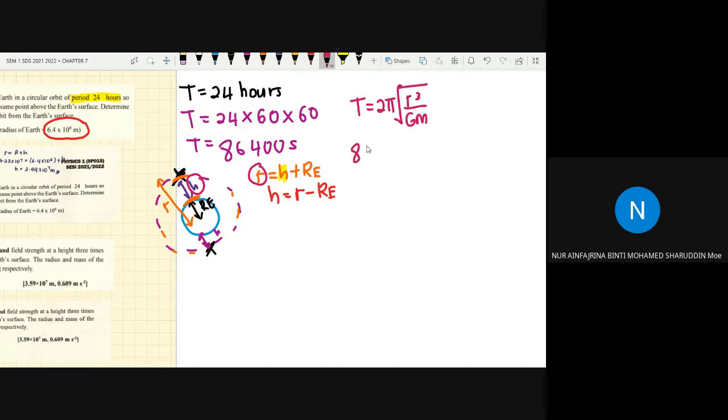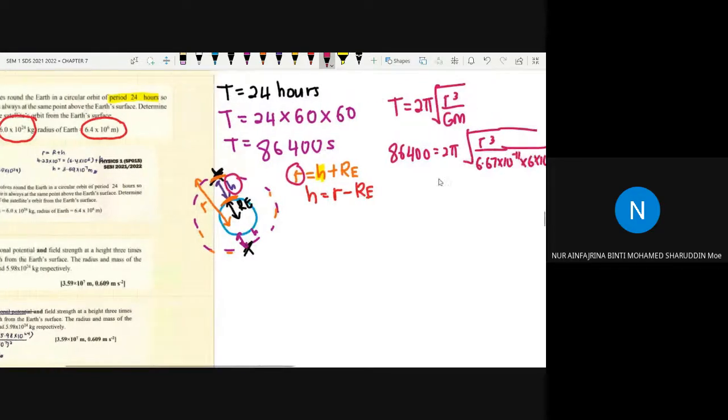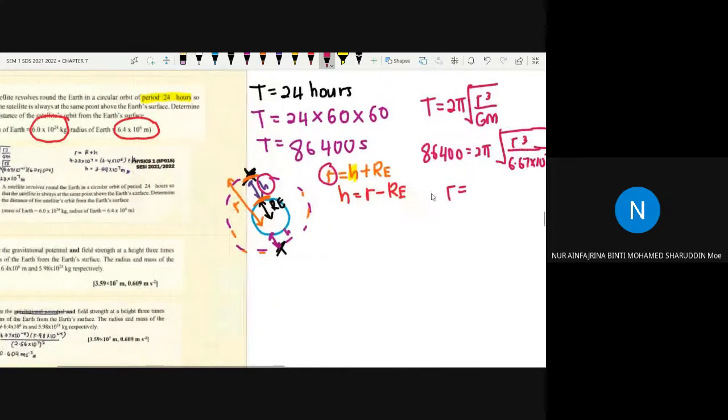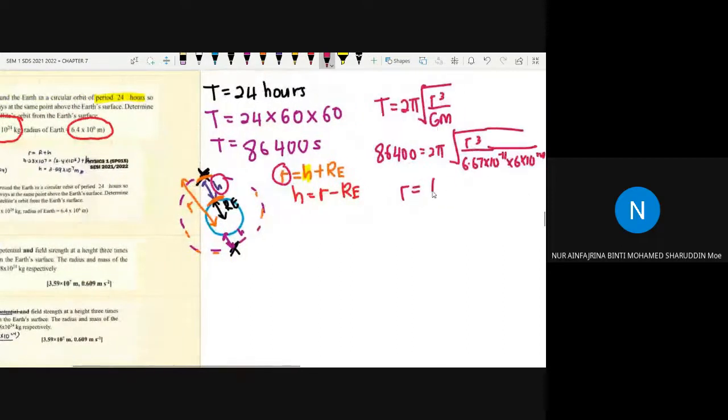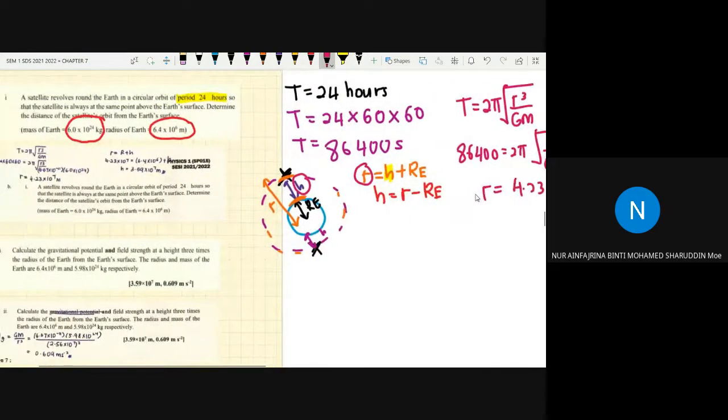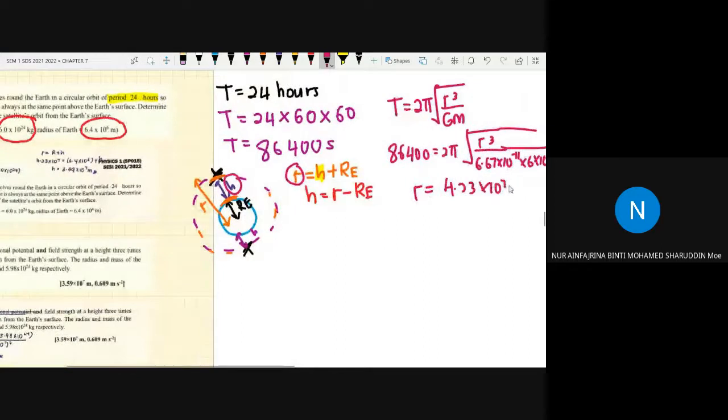So masukkan je lah 86400 equals to 2 pi and then R ini kita nak cari and G is universal gravitational constant darab dengan mass of Earth, I think 6 times 10 to power of 24. I hope Miss guna yang sama, given one, yes correct. So awak akan dapat R awak 4.23 times 10 to power of 7 meter.